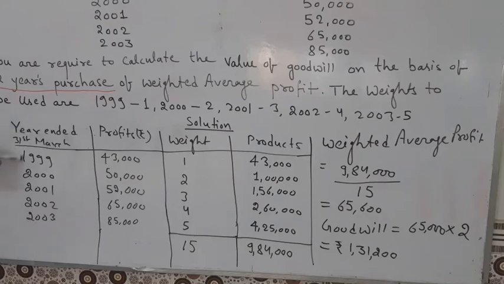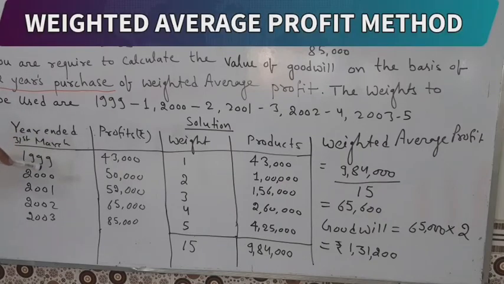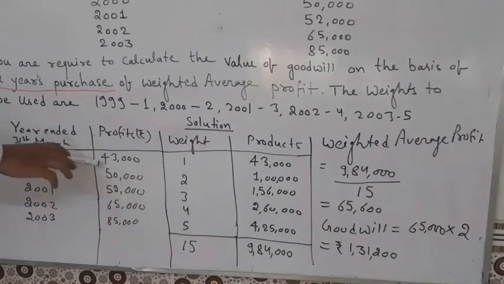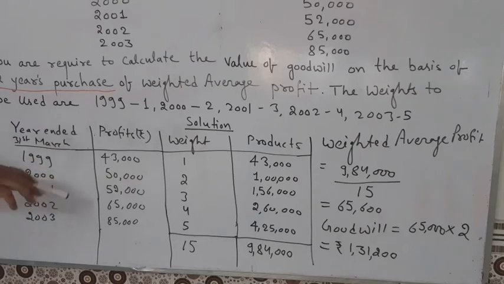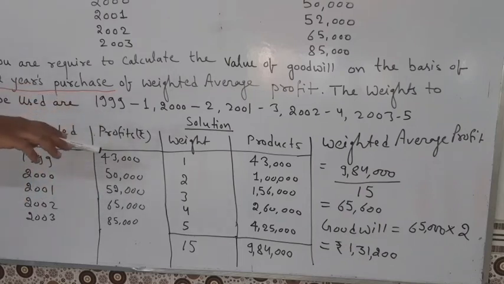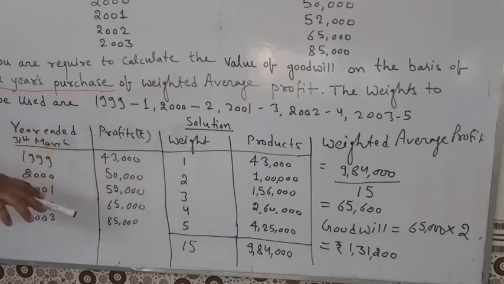Please see how we have written it. The profits are 43,000, 50,000, 52,000, 65,000, 85,000. Weights 1, 2, 3, 4, 5, total 15. Products 43,000, 1 lakh, 1,56,000, 2,60,000 and 4,25,000, total 9,84,000.